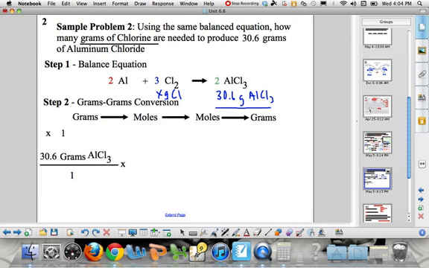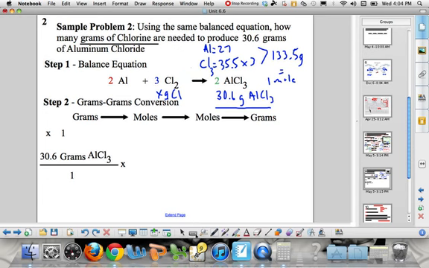But aluminum chloride, I guess I can write it out one more time here. Aluminum has a mass of 27 from the periodic table. Chlorine has a mass of 35.5. Since this was Cl3, I need to multiply this by 3, and this whole thing added up to 133.5 grams. And that was equal to 1 mole.